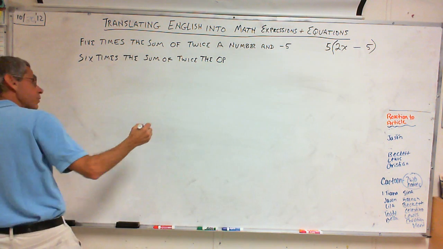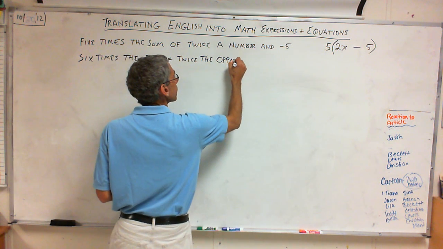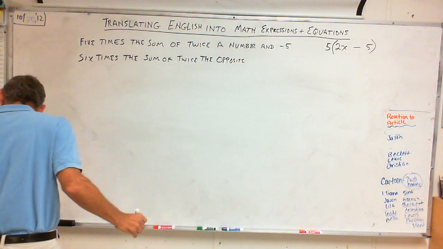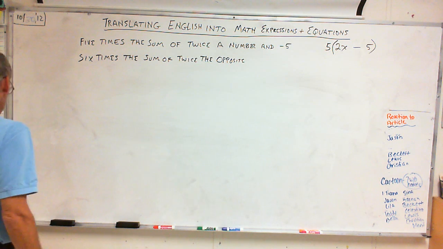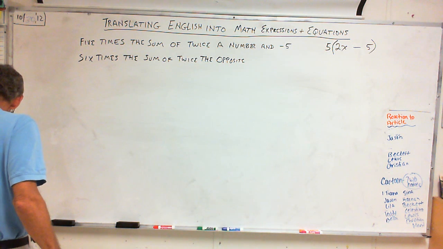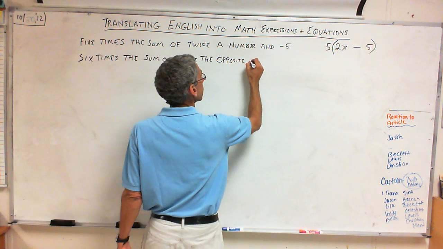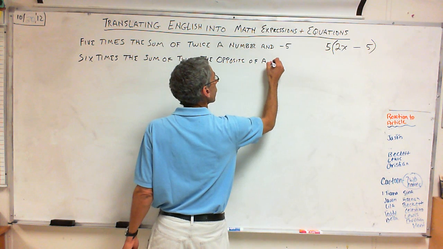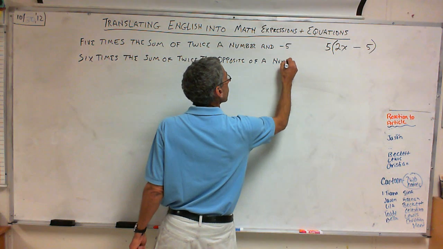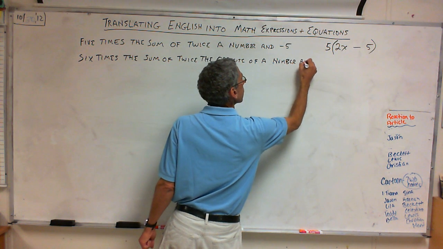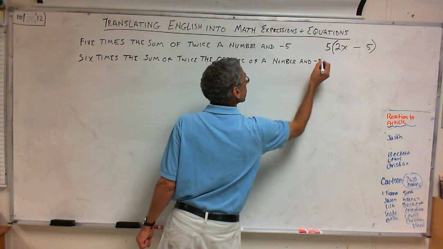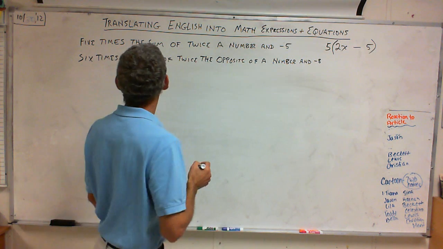I forget how you spell opposite, 2 P's. 6 times the sum of twice the opposite of a number and negative 8.